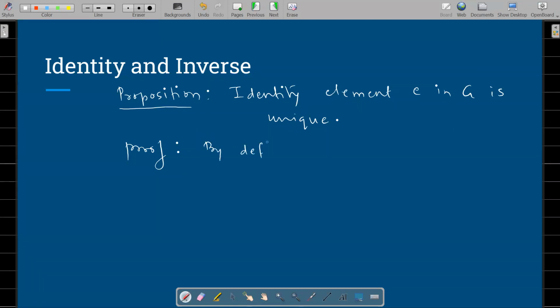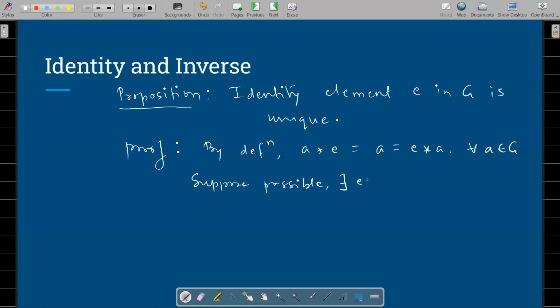By definition, A star E is equal to A is equal to E star A for each and every element in G. Okay. And the idea is, suppose possible, there exists some element which to begin with, I don't know whether it is same or different.